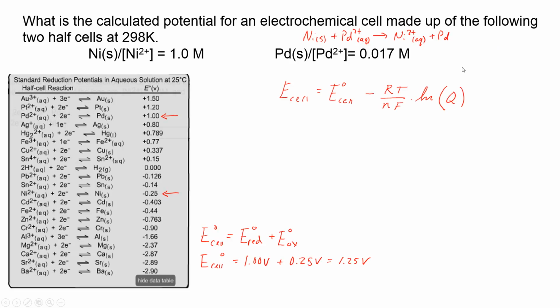Q in this case, Q is always the reaction quotient, concentration of products over reactant, is the nickel ion concentration, and that's 1 molar, but the palladium ion concentration is now 0.107 molar.